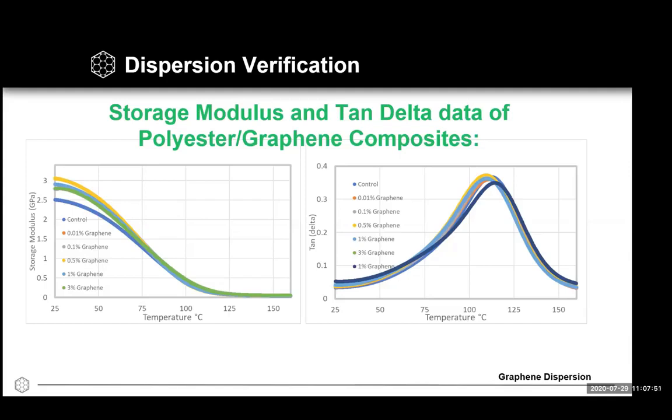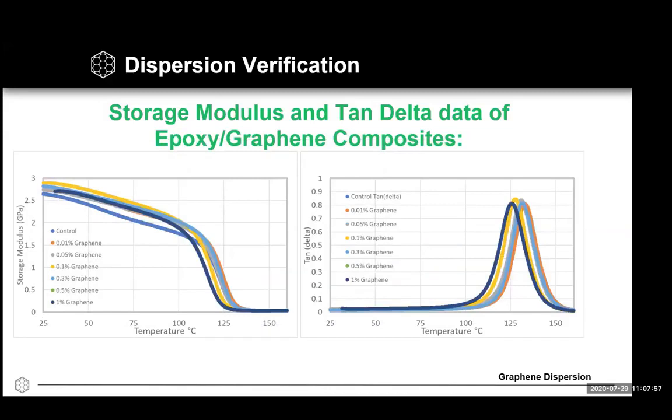However, in the epoxy system, when we added the graphene dispersion, we could achieve a 28% enhancement in storage modulus value just by adding 0.1% graphene. However, beyond that, we again see a decrease in the storage modulus value.